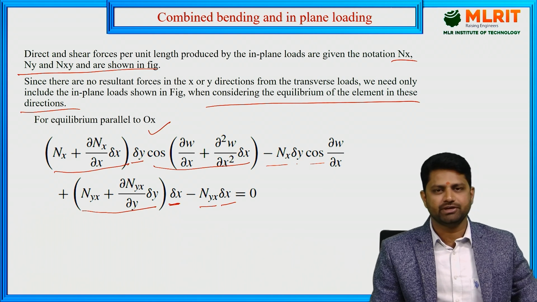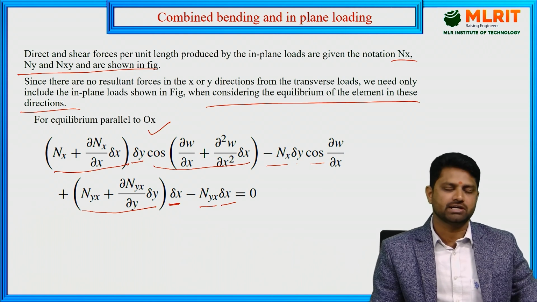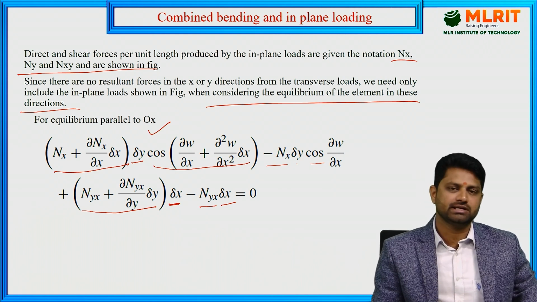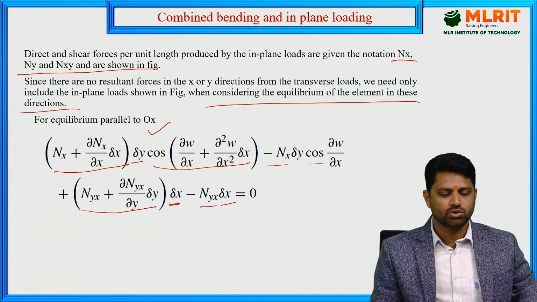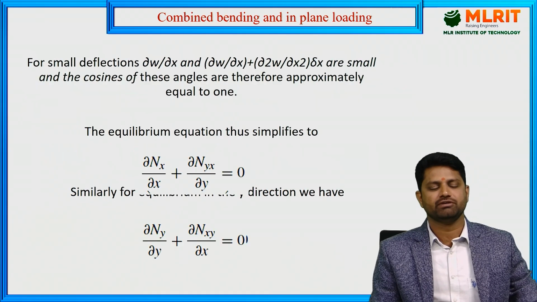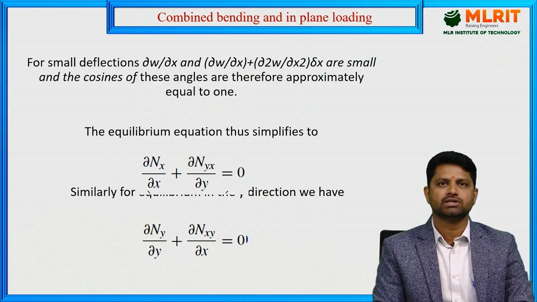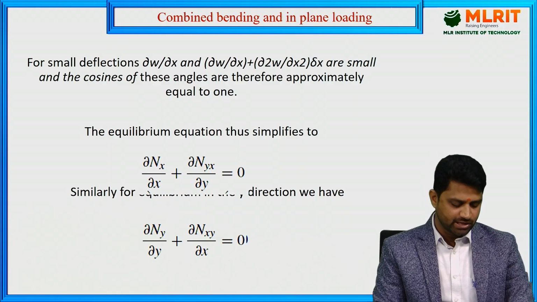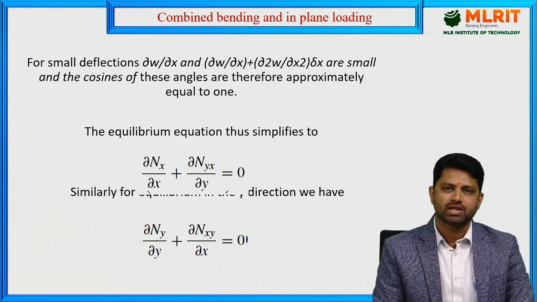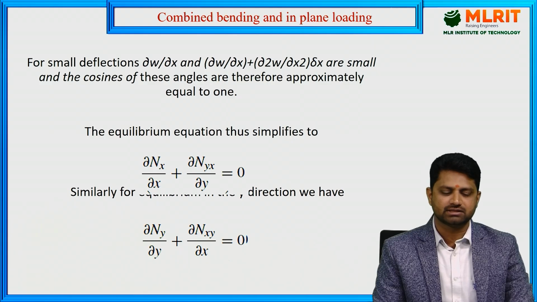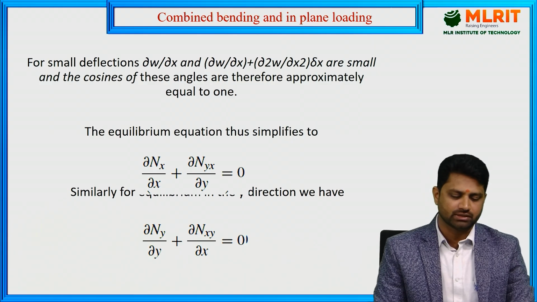Now after that we use the approximations and try to reduce this equation. You can see here for small deflections, dou w by dou x and dou w by dou x plus dou square w by dou x square into delta x are small, and the cosines of these angles are therefore approximately equal to 1, that we have seen.